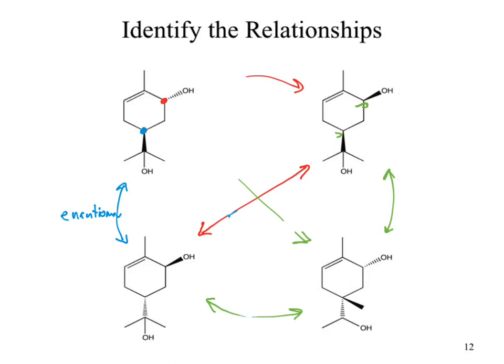If I do a mirror plane through the middle of the structure, it flipped across the mirror. So that one spot is a mirror image. What happened to the other position? It also mirrored, which then means they are mirror images of each other. We have enantiomers. Okay? So let's take a look at the top relationship.